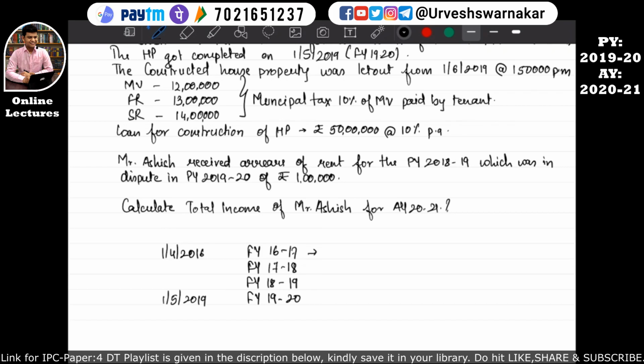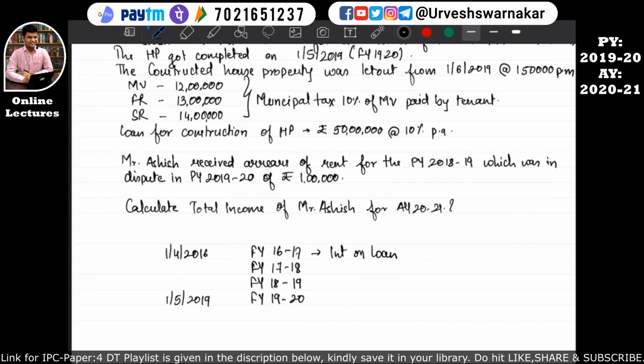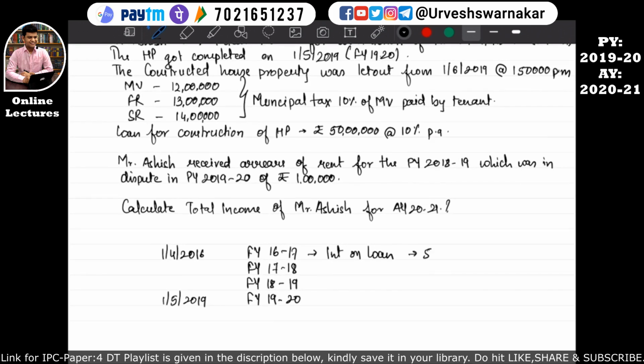So we will feed the details of the interest on loan. The interest on the loan that will be paid by the assessee is 50 lakhs into 10%, which will be equal to 5 lakhs per annum. So we'll just write those details. 5 lakhs for the previous year 1718, also the loan is there, so the interest will be 5 lakhs.